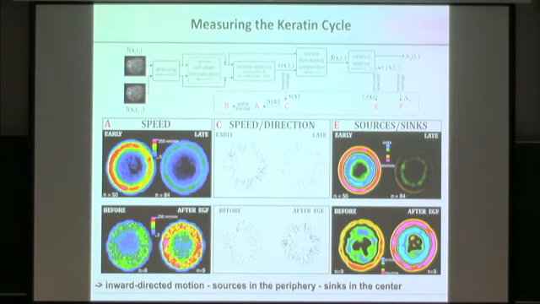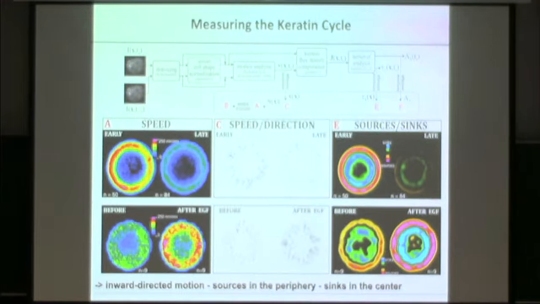So I think this is a pretty good, objective demonstration that this cycle actually exists. And this cycle not only exists, but is subject to positive or negative regulation. Negative regulation is shown here, where we compared this set of cells, which was imaged just a day after putting it in culture, with cells that were put into culture 2 days earlier.